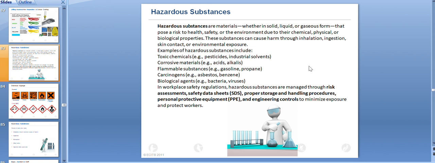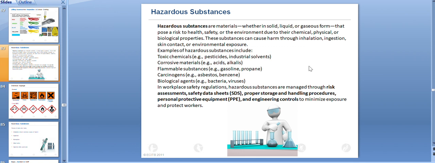Examples of hazardous substances include toxic chemicals, pesticides or industrial solvents, corrosive materials, acids, alkalis, flammable substances, gasoline, propane, then corrosion, asbestos or benzene, and biological agents such as bacteria and viruses.